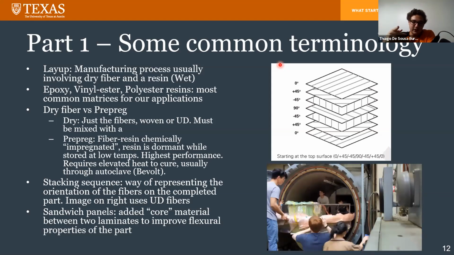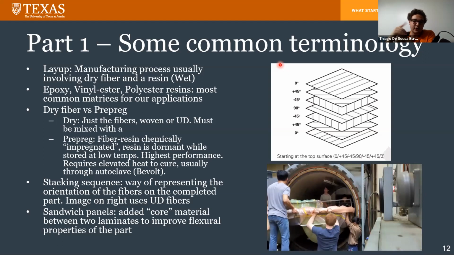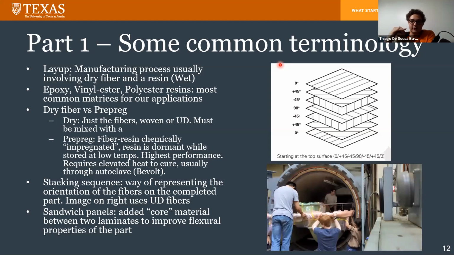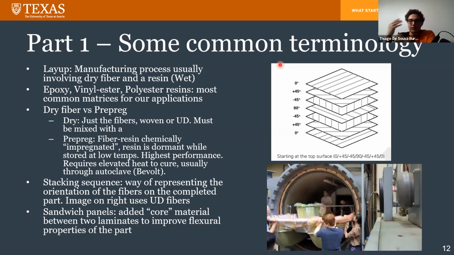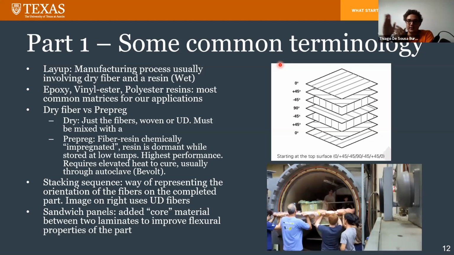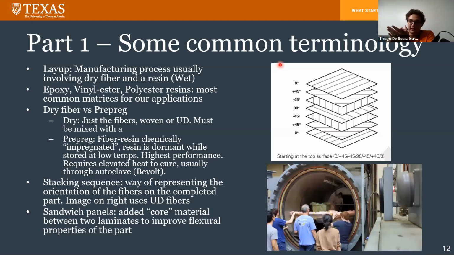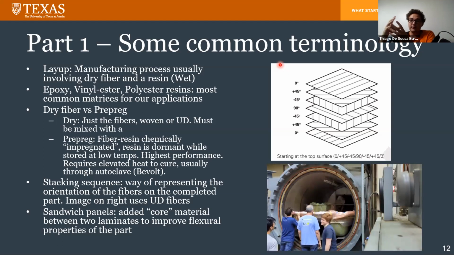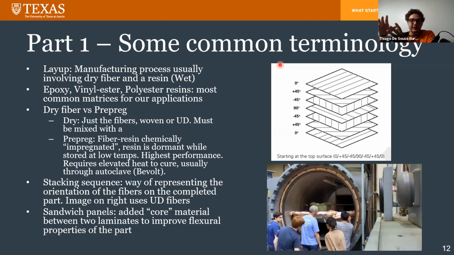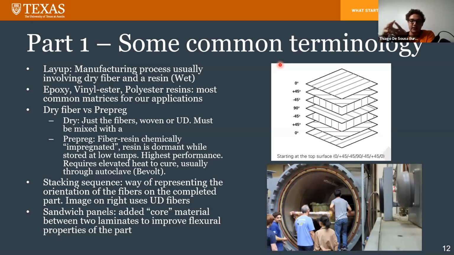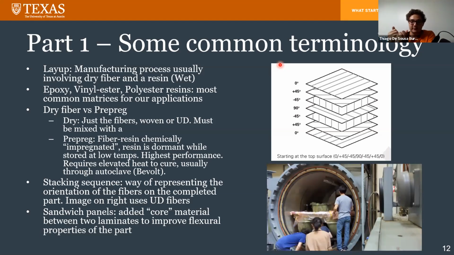The catch with pre-impregnated carbon fiber is that it requires heat and pressure to cure. So for a wet layup, where I'm stacking fiber sheets and just putting epoxy on them, I can do that at room temperature, leave it to cure for a week at room temperature, come back, and I have a good composite. In the case of pre-preg, I can leave it out for months.